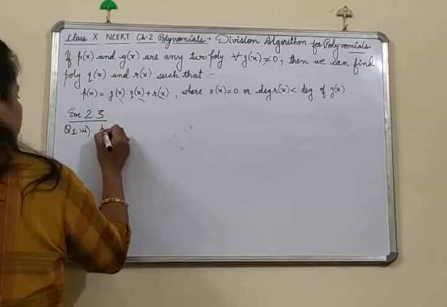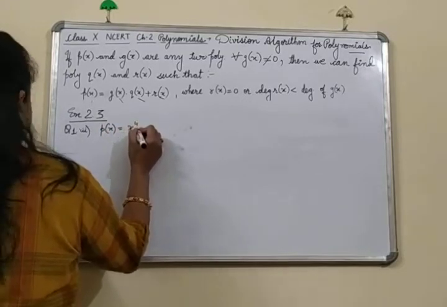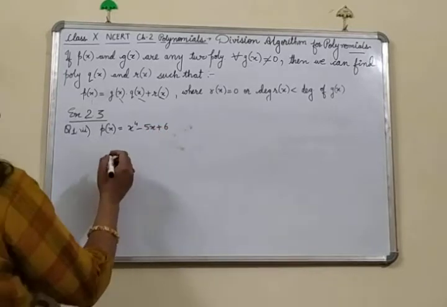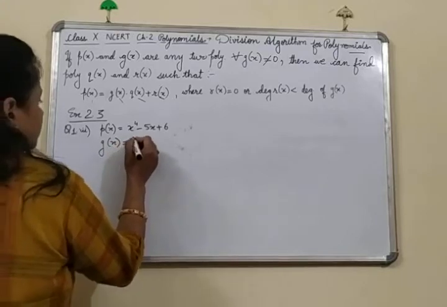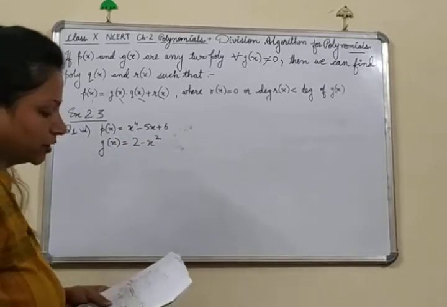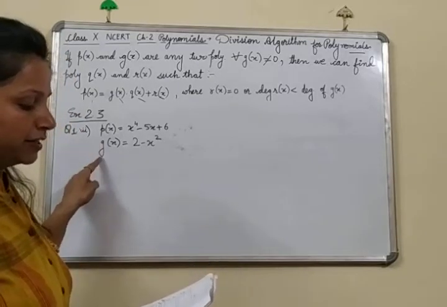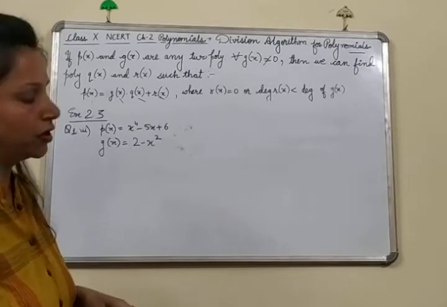Here we have p(x) is equal to x to the power 4 minus 5x plus 6 and g(x) is given by 2 minus x square. Now, what the question is: divide the polynomial p(x) by the polynomial g(x) and find the quotient and remainder in each of the following cases.